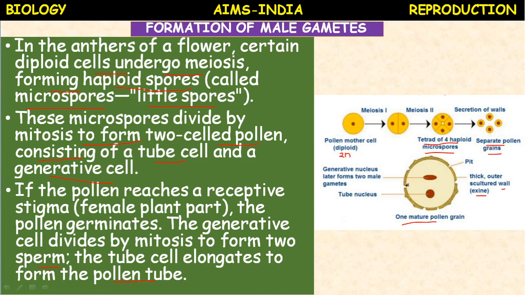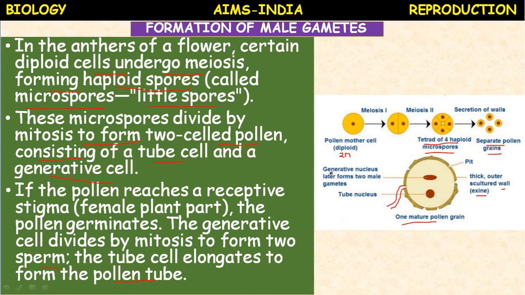It is thin and elastic. It emerges out as the pollen tube from the germ pores during germination. During germination, this intine develops into the pollen tube like this. The gaps are present, no?